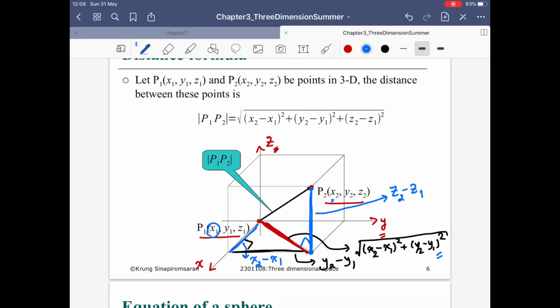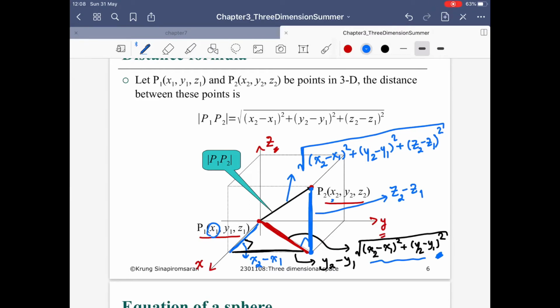So the displacement will be z2 minus z1. Again, this one is the hypotenuse, so it will be a square root of the red one squared, okay. So it is x2 minus x1 squared, y2 minus y1 squared, and then added to the other leg of your right triangle. So you get z2 minus z1 squared, taking a square root, because we are using the Pythagoras theorem again.